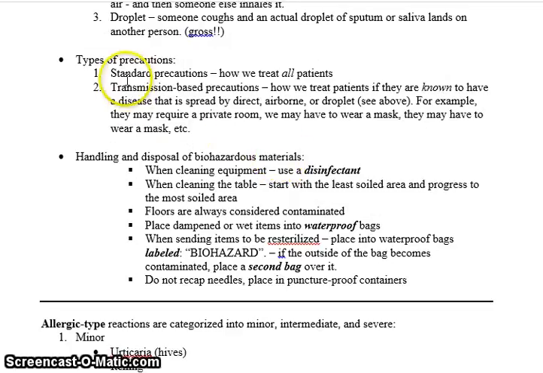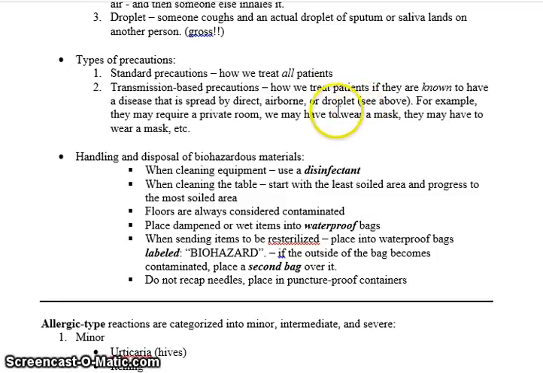Types of precautions. There are standard precautions and transmission-based precautions. So again, standard precautions, that's how we treat all patients, just your overall cleanliness. Whereas transmission-based precautions, that's how we treat patients if they are known to have a disease that is spread by one of those routes, direct, airborne, or droplet.